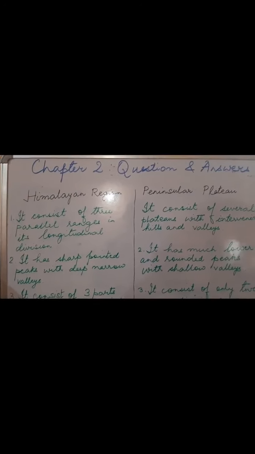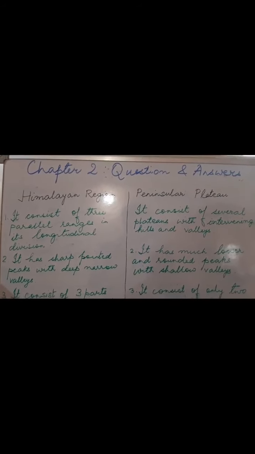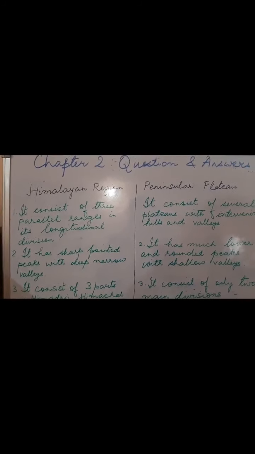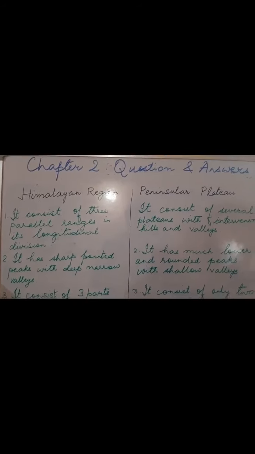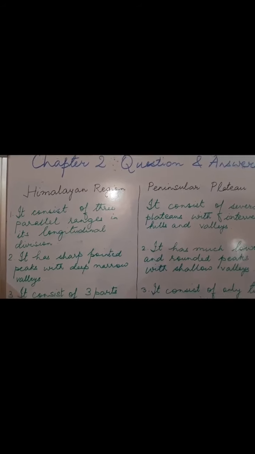So children, let us come to the second part of the question, where we have to write the difference between the Himalayan region and the peninsular plateau. As you can see for yourself children, I have drawn a line in between, and one side I have written the Himalayan region, the other side I have written peninsular plateau.